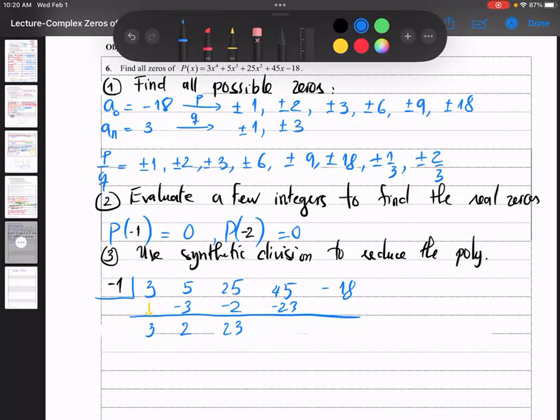No, right? 45 minus 23 is, it's supposed to be 0. Oh, it's not 0. Negative 1 is not 0. Sorry. I looked at the note. I thought it was 0. I looked at the negative 2. Sorry about that. Let's do it with the negative 2 first. That's all right. We do the negative 2 first.